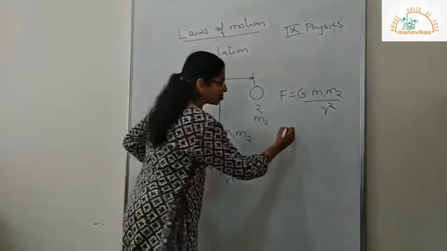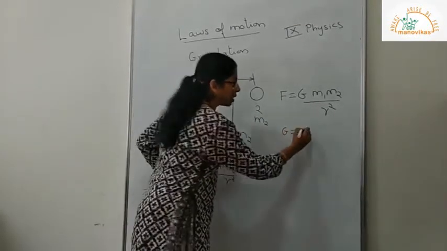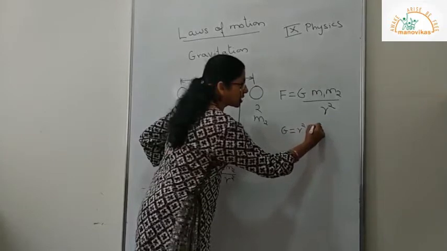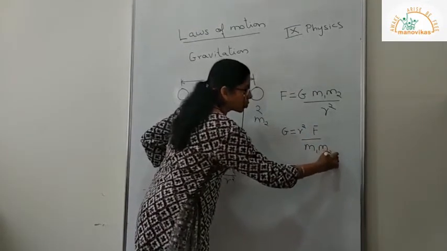So if I write it in terms of G, G will be equal to r square times F upon m1 m2.